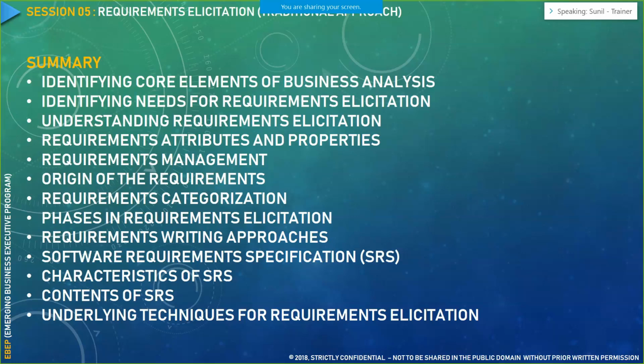Then we saw mathematical expressions, those kinds of things. Then we saw the software requirement specification, a sample and a template. We understood the characteristics of SRS. We saw the good qualities of writing requirements, and the bad qualities of writing requirements. We saw the contents of the SRS, and we did a walkthrough of techniques for requirement elicitation.